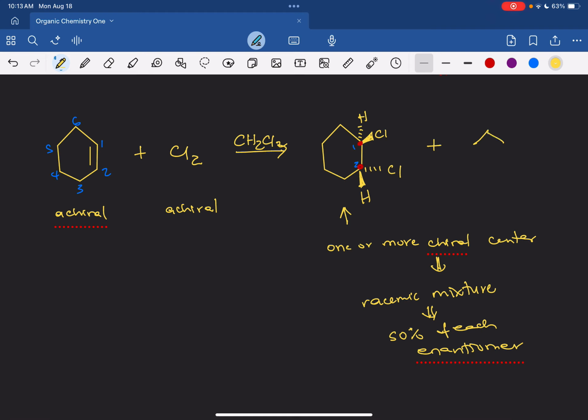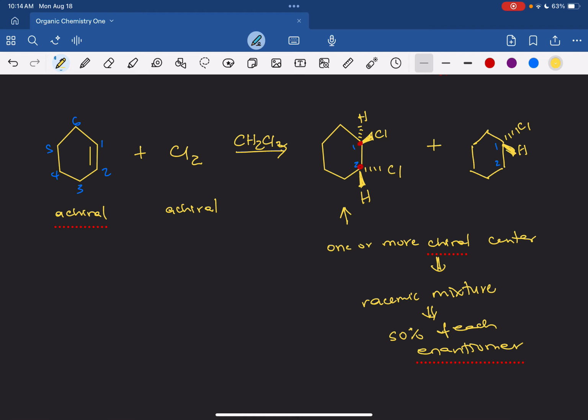So let's draw our second enantiomer. I'm swapping the groups here at carbon number 1. So this is carbon 1, this is carbon 2. Let's swap our groups. Of course, you have one group below. The group below this time is the Cl, and our hydrogen is going to be what's wedged.